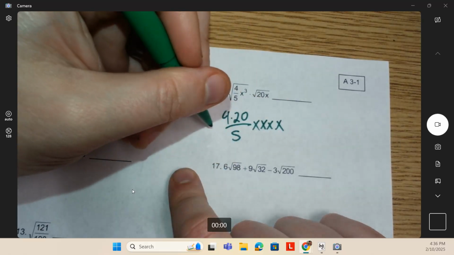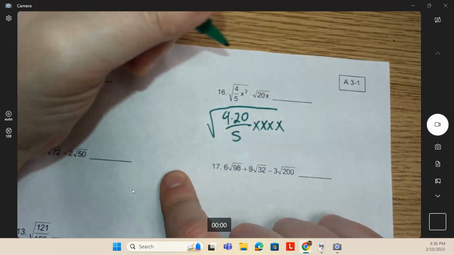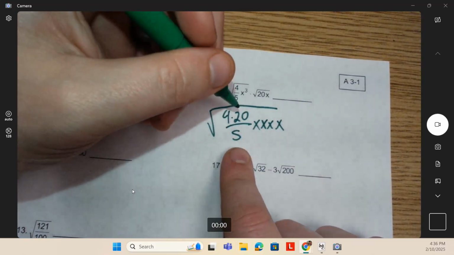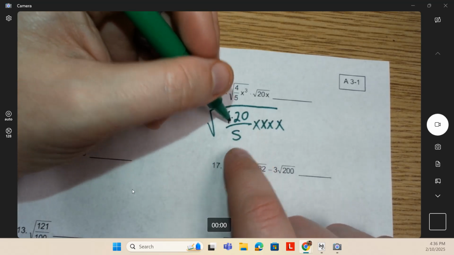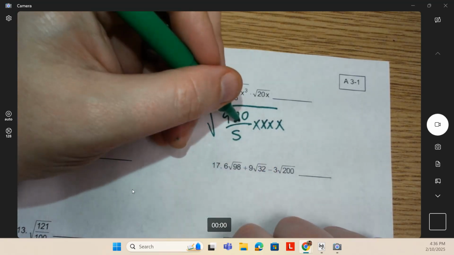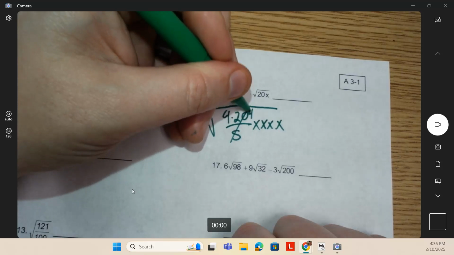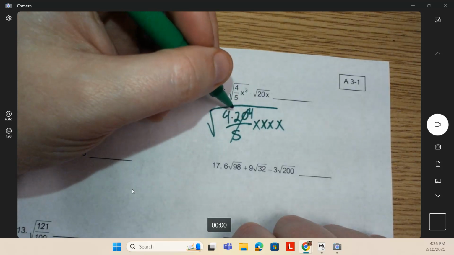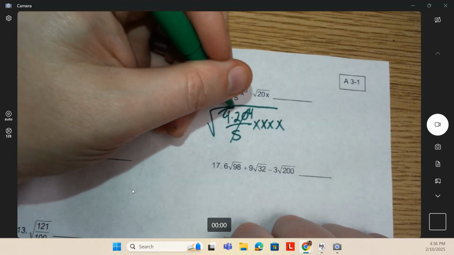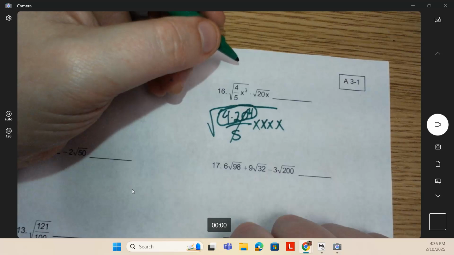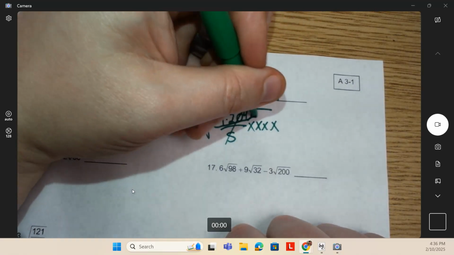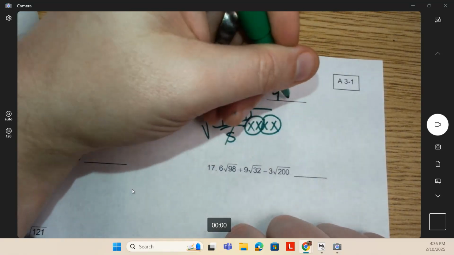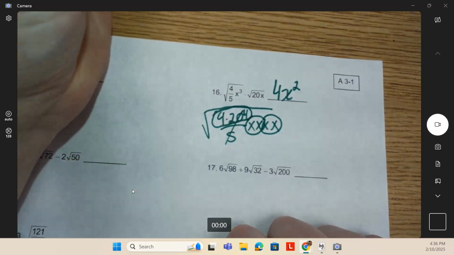Gives me 4 x's there. Put all that underneath the square root. So I leave this separate because I know 20 can divide by 5 and would simplify down to just 4. So I'd have 4 times 4, which is actually just a pair of 4s, right? So that means I'd have a 4 that comes out. Also have a couple pairs of x's to give me x squared.